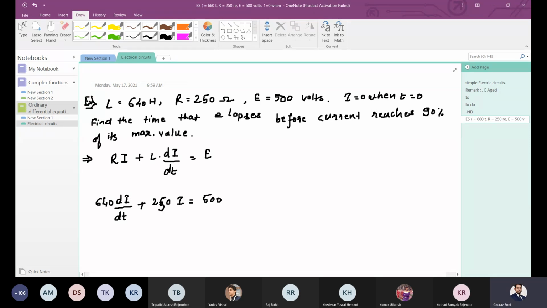We have to solve this linear differential equation. So let's adjust the terms. So di by dt plus 250 by 640. So 250 by 640, 25 by 64, I is equal to 500 upon 64.